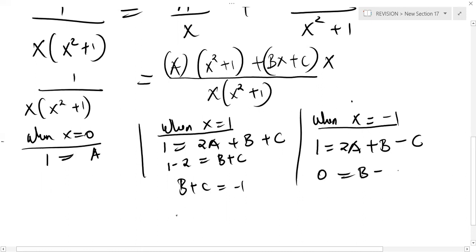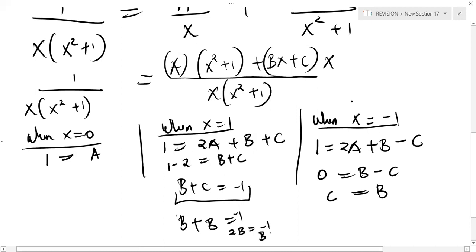So 0 is equal to B minus C. Bringing C to the other side, C is equal to B. Now, if C is equal to B, we can replace it in B plus C is equal to minus 1, so 2B is equal to minus 1. So B is equal to minus a half, and if B is minus a half, C is also minus a half.